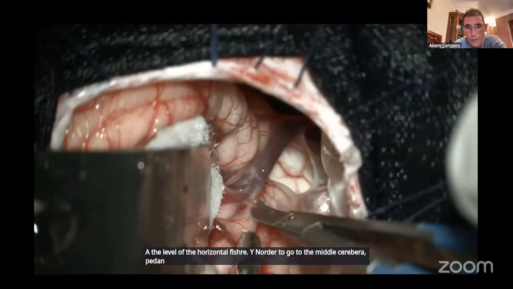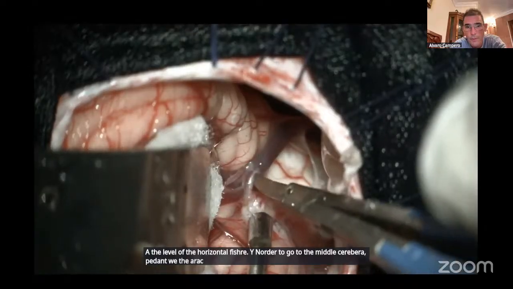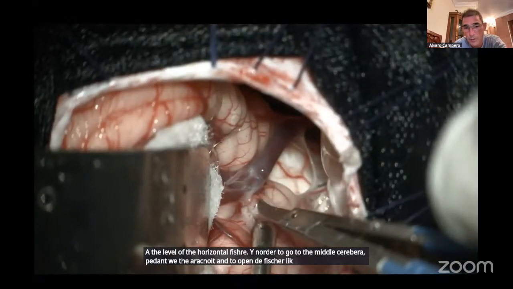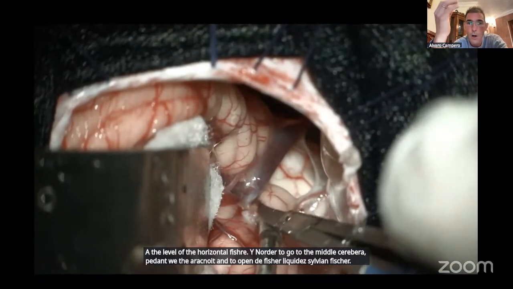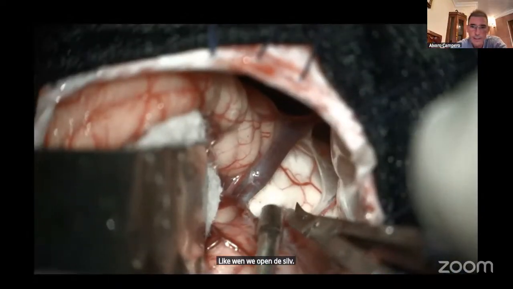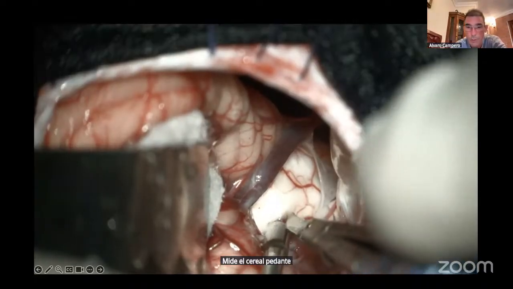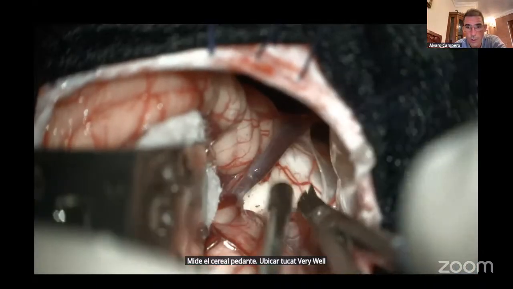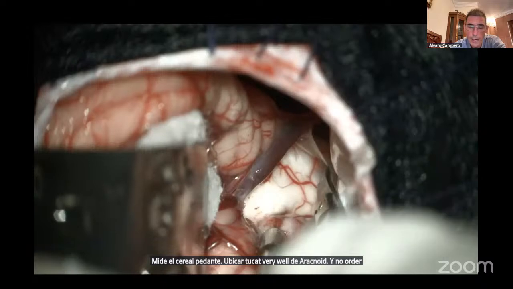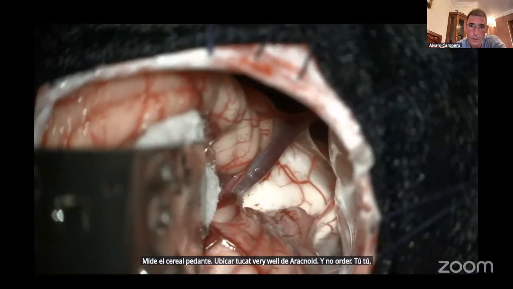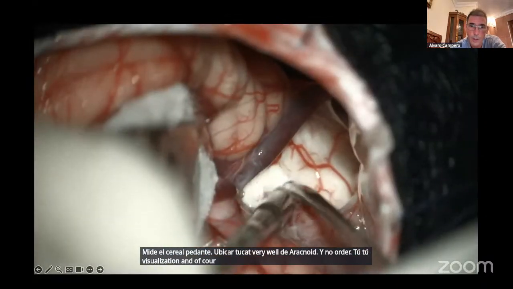We have to cut the arachnoid and open the fissure like when we open the Sylvian fissure. And this is the middle cerebellar peduncle. We have to cut the arachnoid very well in order to have a good visualization and of course to preserve all the veins.